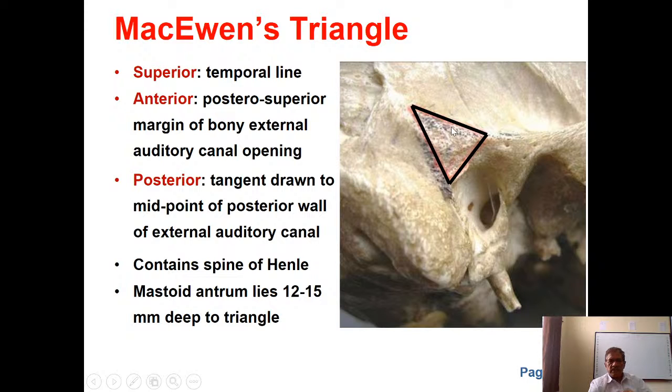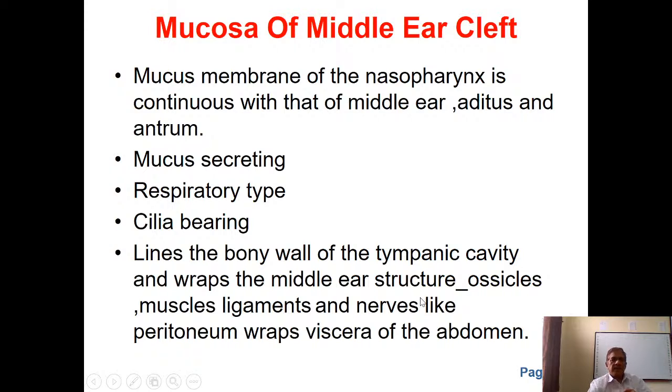So the area bounded by these three is called McEwen's triangle, a landmark for the mastoid antrum. If you drill into this, then you get the mastoid antrum, which is the biggest air cell, which in turn communicates with the aditus into the middle ear cavity. So that is McEwen's triangle.